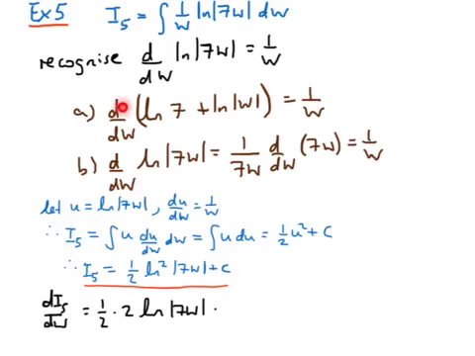And as we explained here in detail, the derivative of the logarithm of 7w is just 1/w. So we see here that the 2 and the 1/2 cancel, and we are left with, as we hoped, 1/w times the logarithm of the modulus of 7w, and that shows, because it is the initial integrand, that we have correctly calculated our integral. So now we can move on to the next exercise.